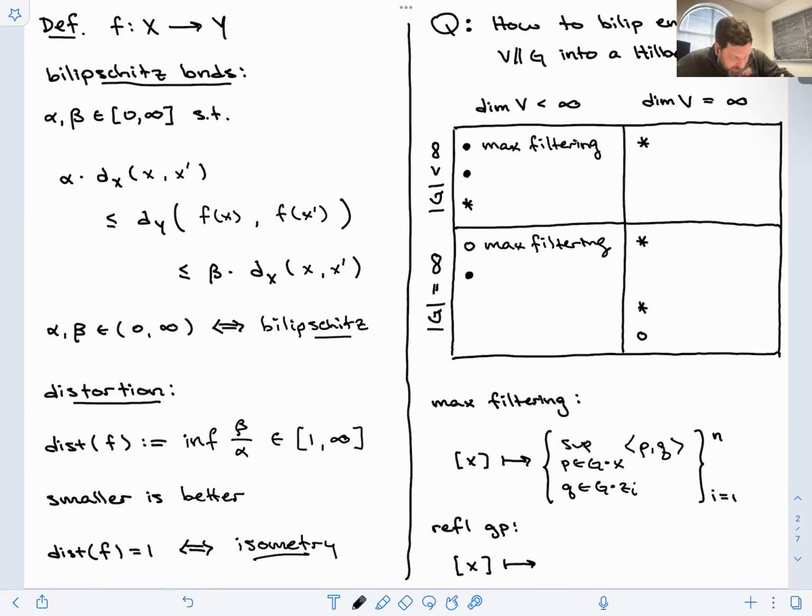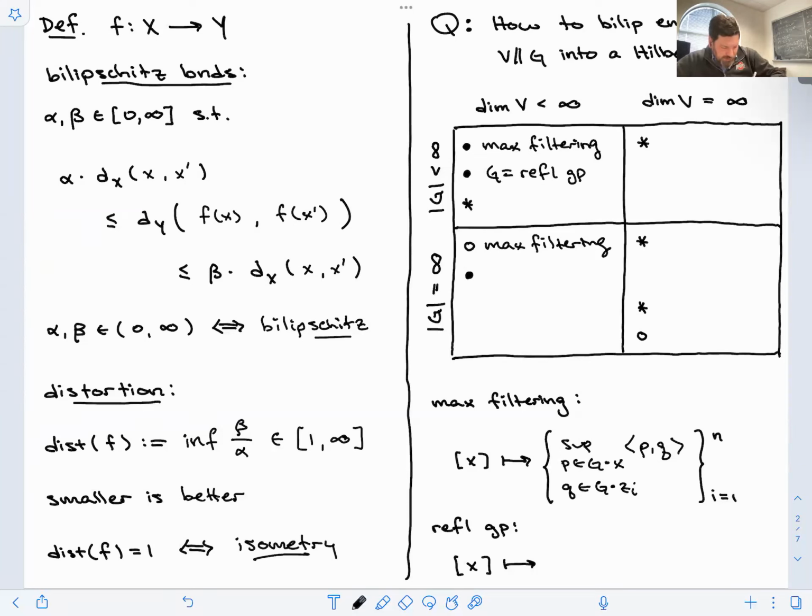Another useful case is when the group that we're modding out by is a reflection group. So for example, the usual representation of the symmetric group on n letters acting on R^n. So just all permutations of the coordinates.